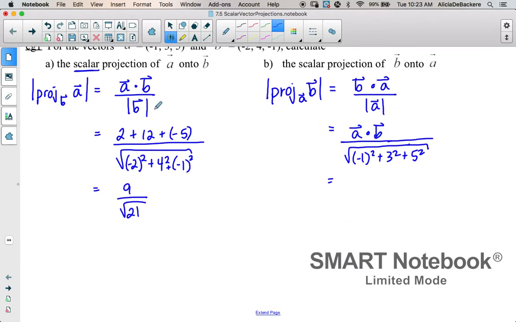And so we already know the dot product of A and B. It's over here, it's the number 9. And then in the denominator, I get the square root of 1 plus 9 plus 25. And I see here that these are not the same, so that tells me that order matters.